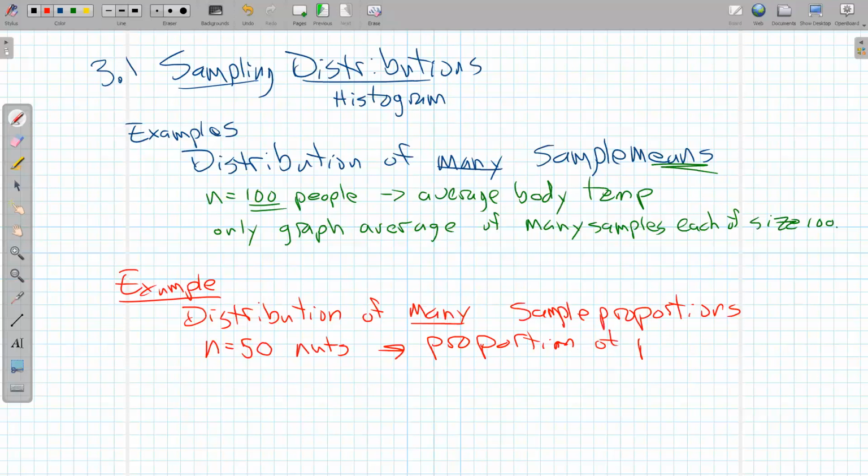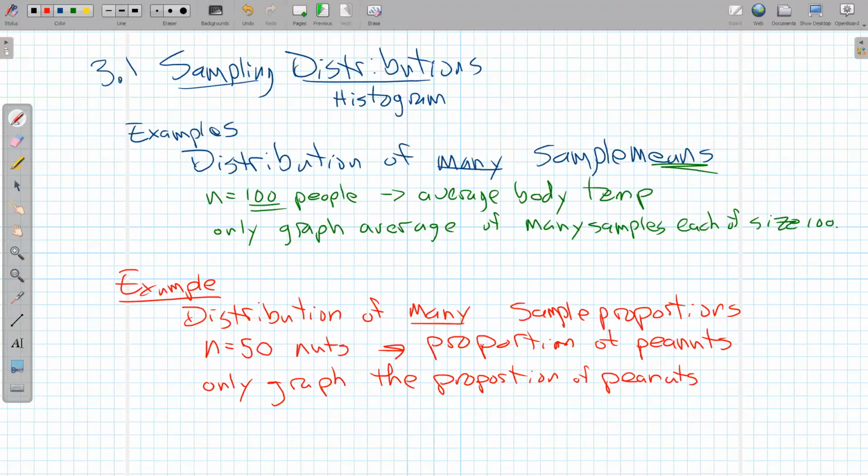And the sampling distribution here would be to only graph the proportion of peanuts from samples each of size 50.